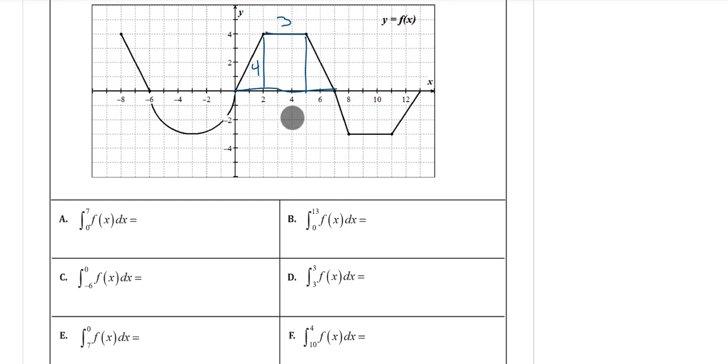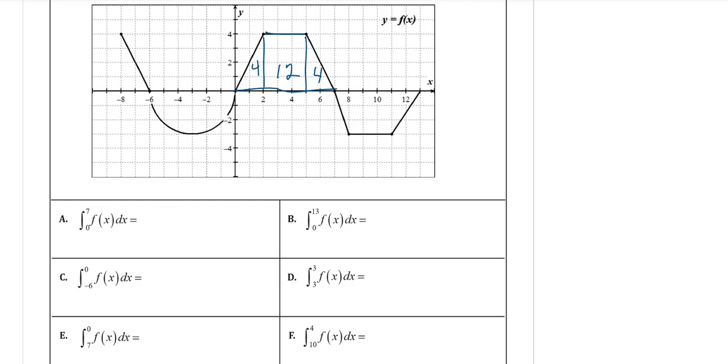Let's do that, because I know later on we're going to need to break this up into a couple pieces. So these two triangles will be identical, so they're both going to have areas of 4, using one half base times height. And then we have this rectangle in the middle, that's 3 by 4, so that's going to be 12. We might have to change this a little bit based on what we're looking for.